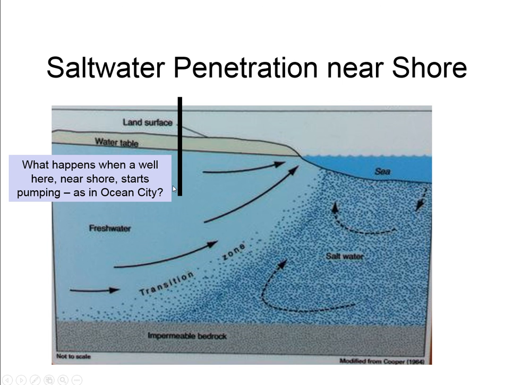And you start pumping, pumping, pumping. Trouble is, if you pump too much, then the salt will be pulled up towards your well, because you're sucking it out, your cone of depression is getting lower, and you can actually reverse this flow and pull salt into your well. That saltwater penetration is really, really bad for both your pipes and your drinking.